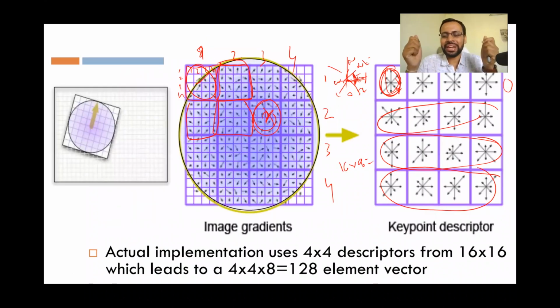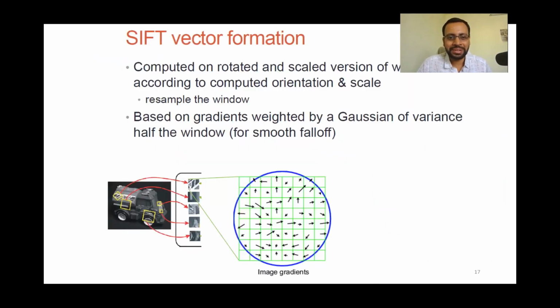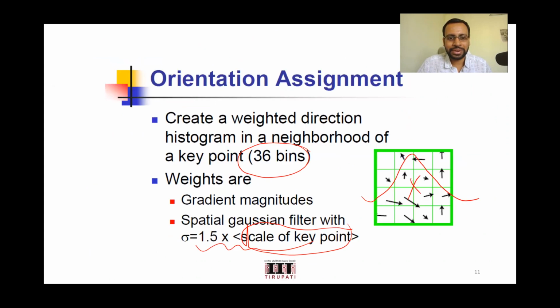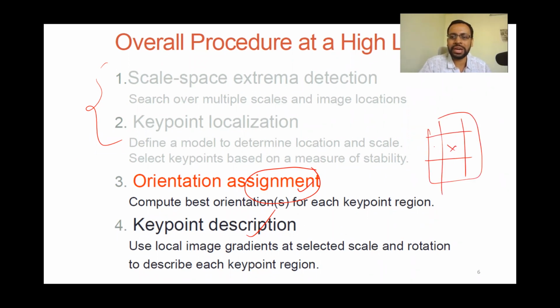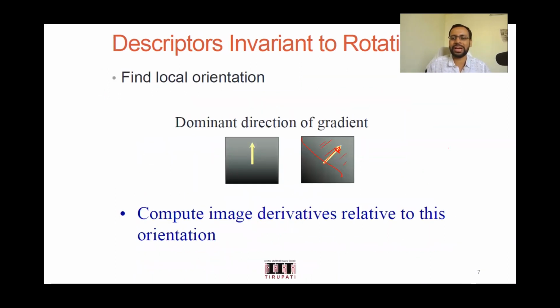While you are rotating, you resample your image after rotation, and you do that with a 16 by 16 grid. It's not like you just take it. That's why, in our overview, you do the orientation assignment and then you rotate that patch in that direction, and then you resample it to a grid of 16 by 16 using trilinear interpolation. To figure out what value a point should have, you look at the values around all these points and figure out the new value after the rotation.